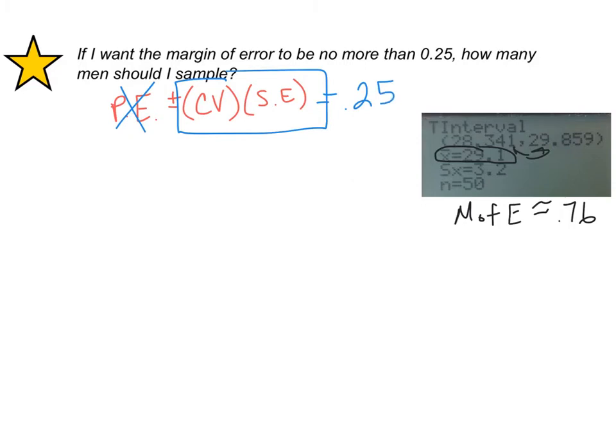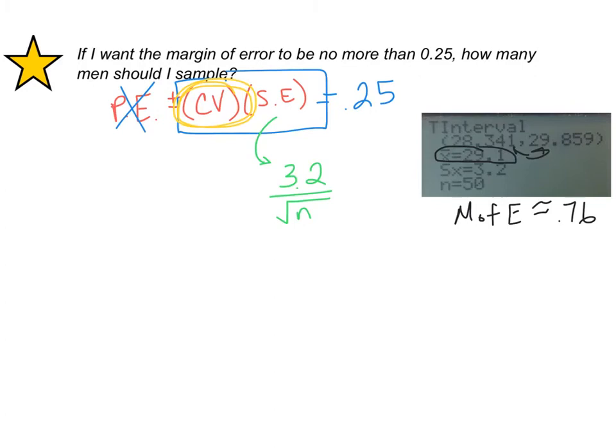Well, the standard error, we're talking about, again, a sample mean. We're solving for sample size. So this is going to be 3.2 divided by the square root of n. But the critical value gets a little tricky here because when we think about t, we really need a sample size in order to know the degrees of freedom.